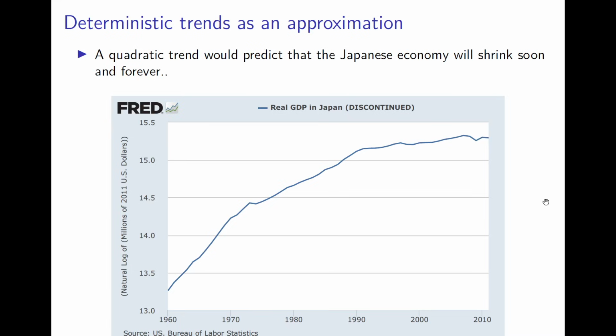I don't believe that GDP in Japan is going to turn around and start going down. And this is 1960 to 2010, so by 50 or 100 years into the future, that quadratic polynomial will go down and predict Japan's GDP would go to zero, and then actually become negative after that, which is sort of ridiculous.